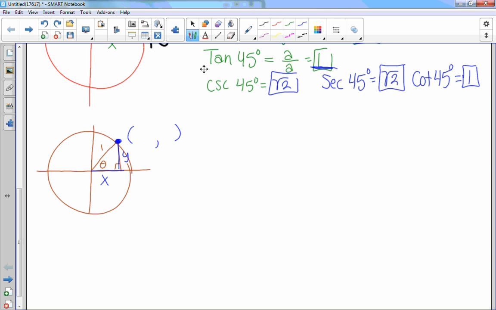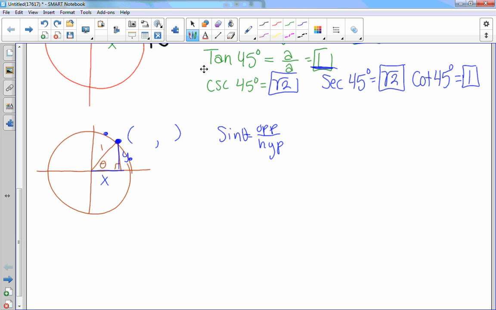If we rotate around the circle, the coordinates for a 30 degree, a 45 degree, the 60 degree, and we can even find a 90 degree. What was sine again? What's the ratio? Sine theta is opposite over hypotenuse. Let's look here.